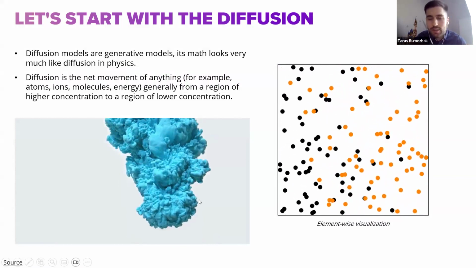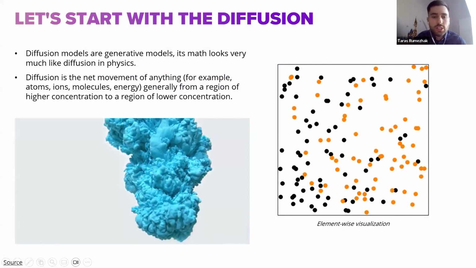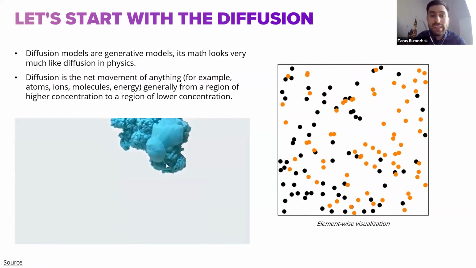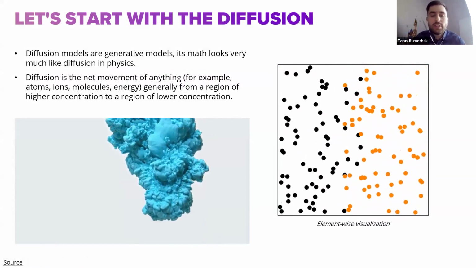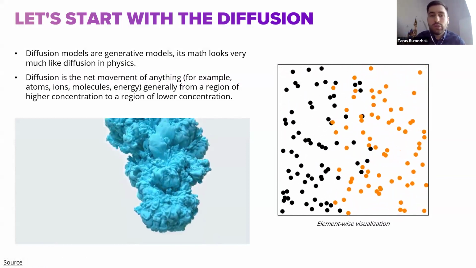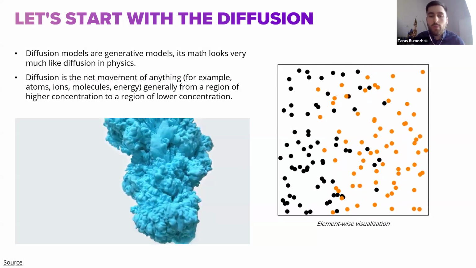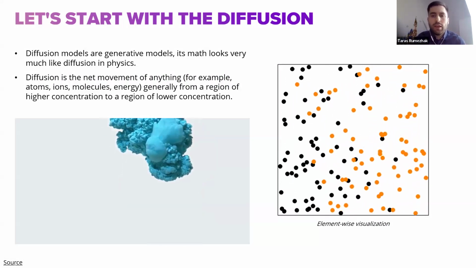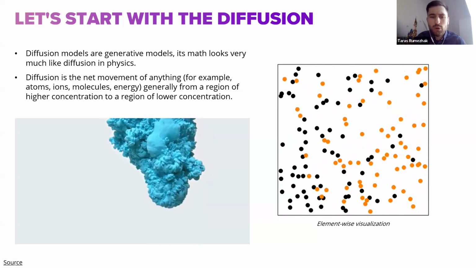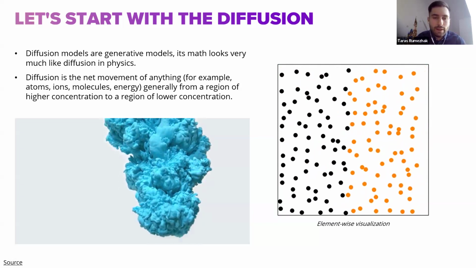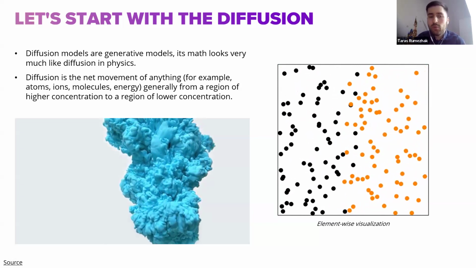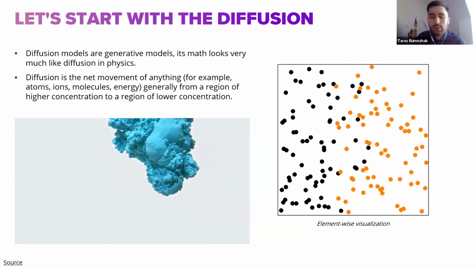Here are some nice visualizations of it. For example, if you drop ink into water, it will spread out, and you won't be able to tell what the original drop point of the ink was. That's the main concept: you won't be able to tell the original drop point.